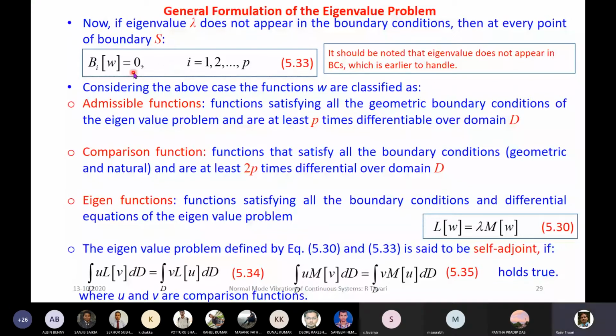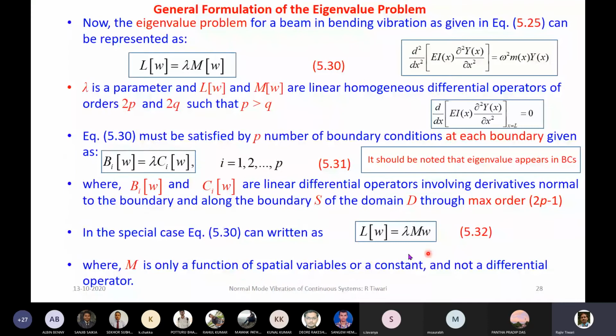If the eigenvalue is present in the boundary condition itself, then the solution is more difficult. We'll see some cases of this kind, but maybe after 2-3 lectures. Here, W is the eigenfunction and lambda is the eigenvalue.